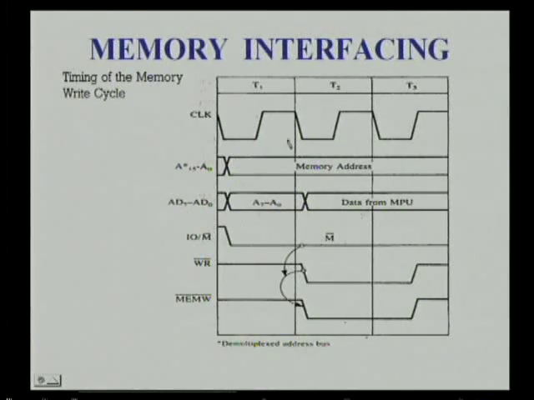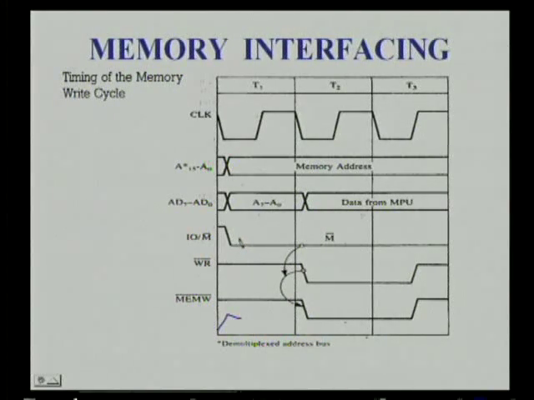Now, let us study the memory write cycle. Already we saw it. The microprocessor identifies the memory location by placing the address in the first T1 T state, and the ALE signal, address latch enable signal, will be made high, so that this lower order address data can be decoded and be used.